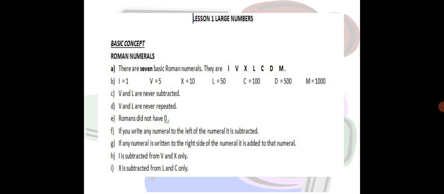Children, remember that. And secondly, X, that is 10, is subtracted from L and C. That means in the Roman number system, 10 is subtracted from 50 and 100 to form 40 and 90.